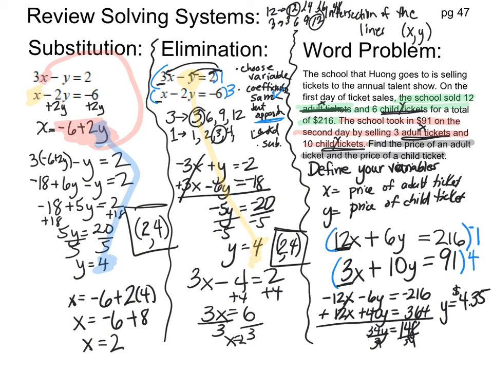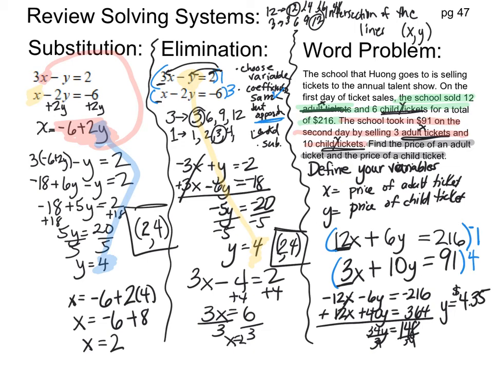Okay, now I need to find the x. What am I going to do to find the x? I am going to substitute 4.35 in for y in one of my places for y. So let me find that. I think I'll just use the bottom one. Multiplying by 10 is much easier to me, I think.